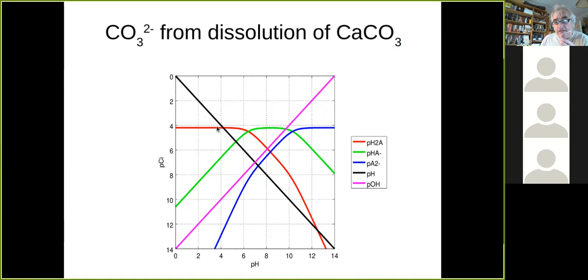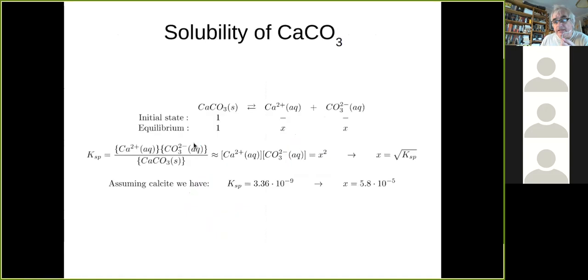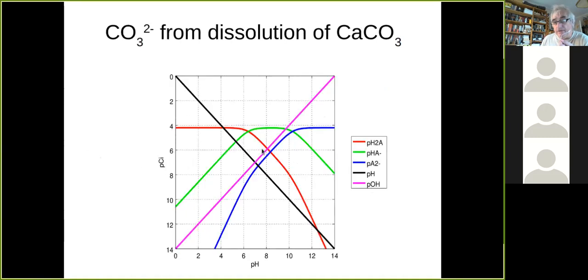Then you see that what you have determined by the solubility here of calcium carbonate is essentially only the level in this diagram. Now let's see, can I write in this one?